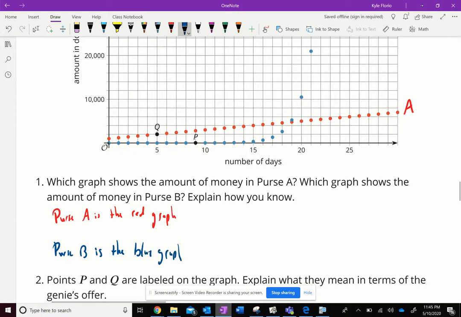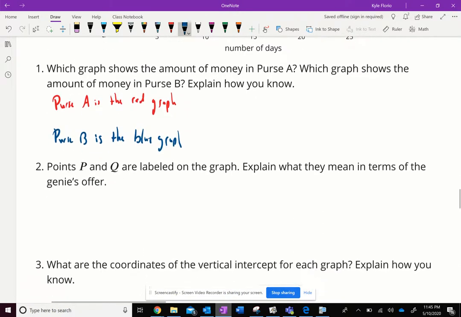And again, it started off small, almost near zero, but then somewhere between 2 and 3 weeks, I think it was, it shot up in front of purse A.